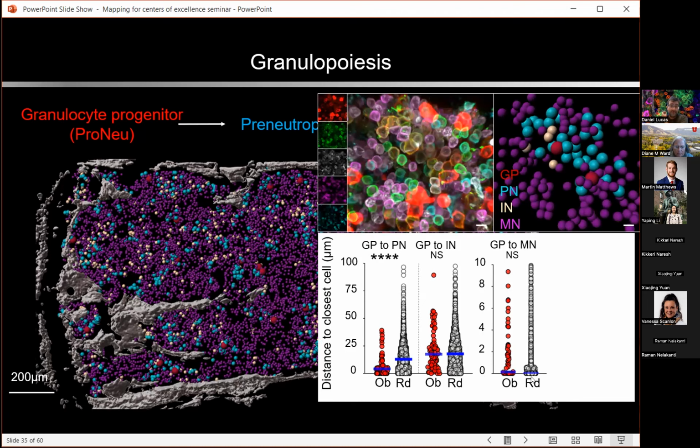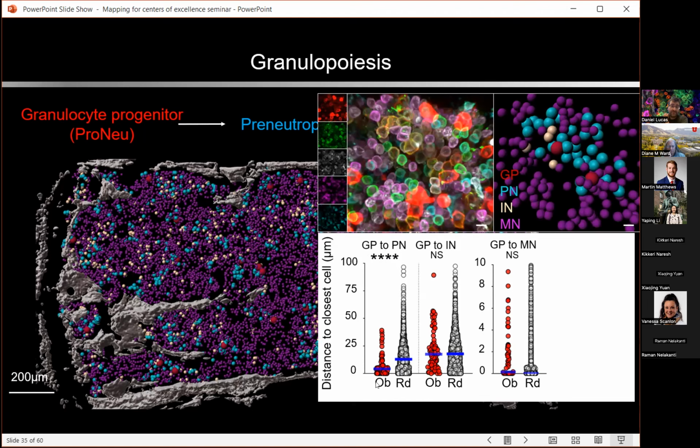So if you were to try to infer regulation, you will find that all mature neutrophils are in contact with a granulocyte progenitor. But when you compare with random, this is not specific. Every cell in the marrow is going to be contacting a neutrophil just because of the sheer abundance of these cells. But if you compare the clustering of granulocyte progenitors and preneutrophils, you can see that they are much closer than random cells.